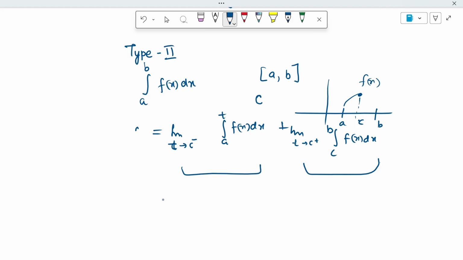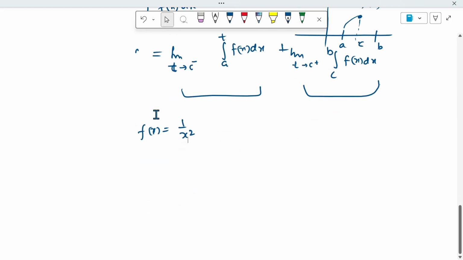Suppose I will give you an example. Suppose we have the function f(x) equal to 1 upon x square. Okay, and we have to integrate this function from -1 to 1. Okay, so as we know, this function f(x) is not defined at x equal to 0.